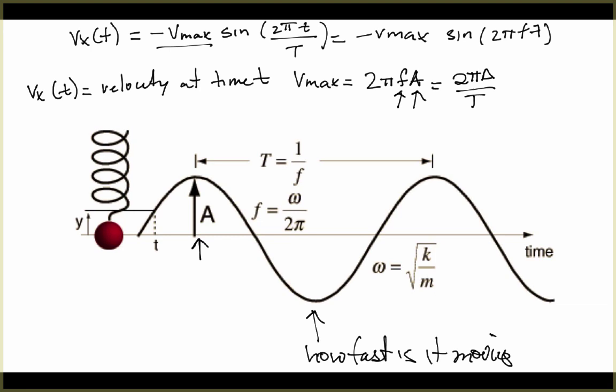Because if you remember, all they've done here is take this f, because f equals 1 over t, and put that here.